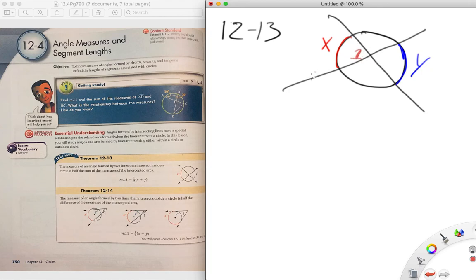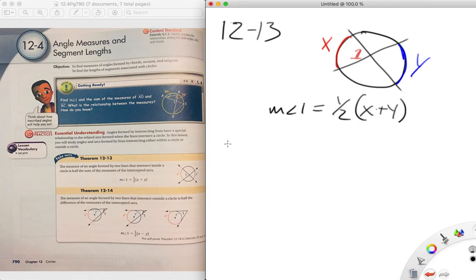Alright, we want to try to find angle number 1. And in order to find angle number 1, we say that that's half the sum of intercepted arc X and intercepted arc Y. So if we wanted to find this guy, we add the two arcs that they intersect on both sides and divide it by 2.